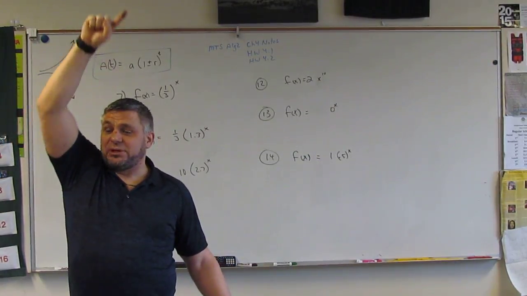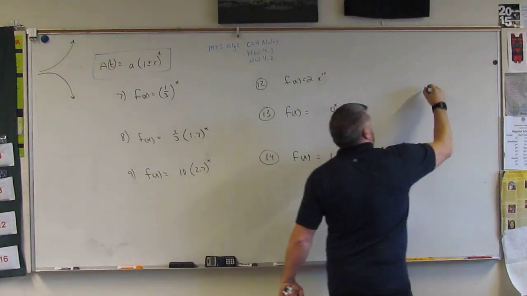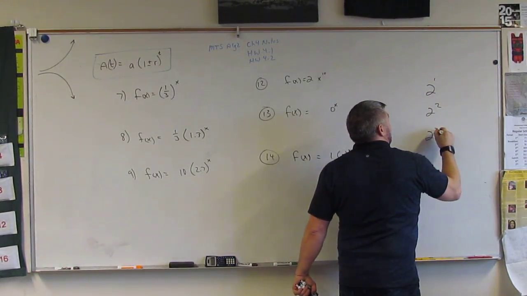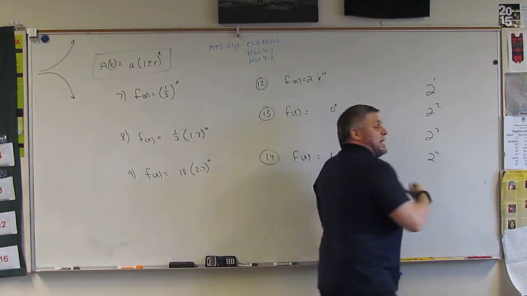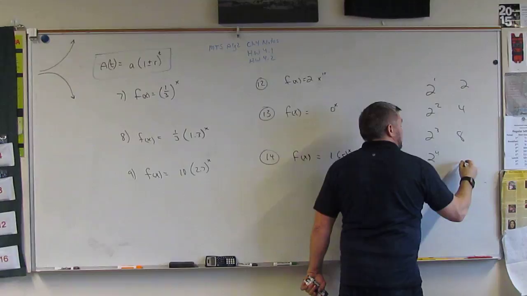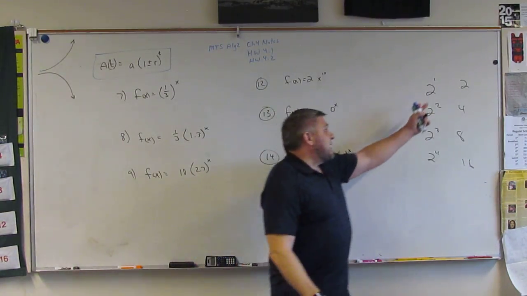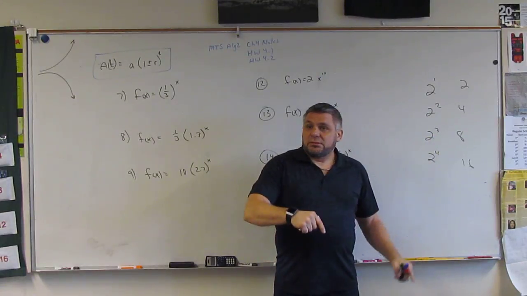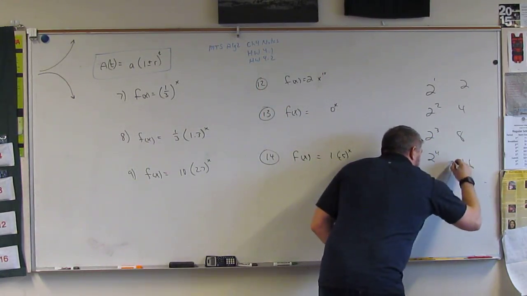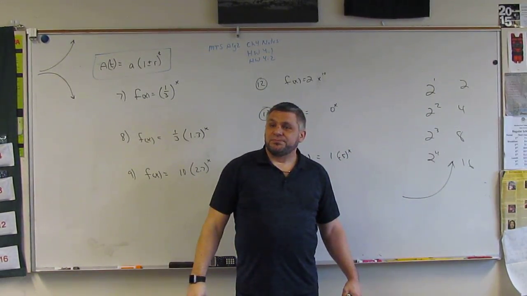That's exponential growth. 2 raised to the 1, 2 raised to the 2, 2 raised to the 3, 2 raised to the 4, right? So this is 2, 4, 8, 16. It's growing. As the exponent grows, the amount grows. So this looks like this. Does that make sense? And that's exponential growth.